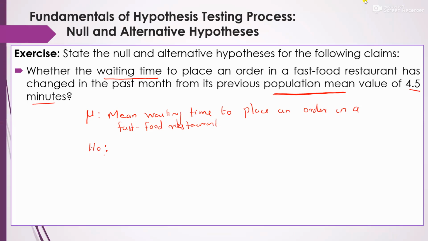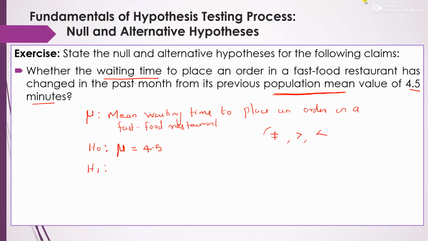What is the actual current situation? From the previous population mean value of 4.5. Now they want to prove whether it has changed. So for the alternative, there are three possibilities: not equal, greater than, or less than. To decide on the sign, you have to look at the statement.